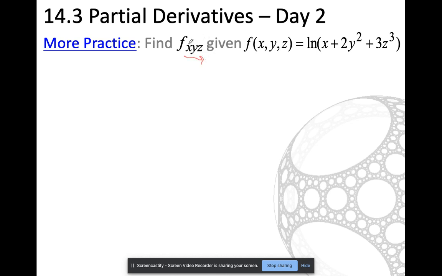So it says find the partial with respect to x first. So everybody here is a constant, right? So you think of this as ln of x plus 2 plus 3, or ln of x plus 5 if you want, right? What is the derivative of ln x?